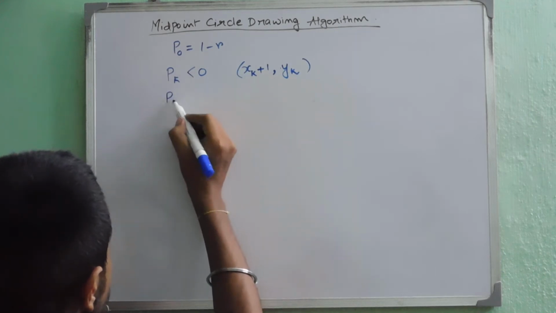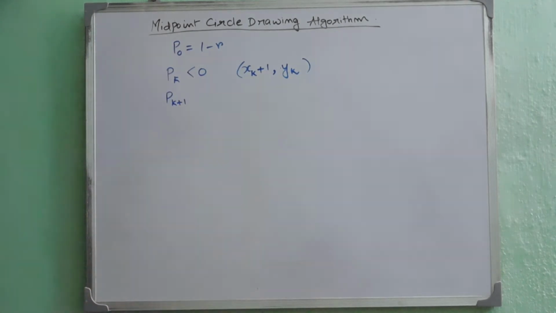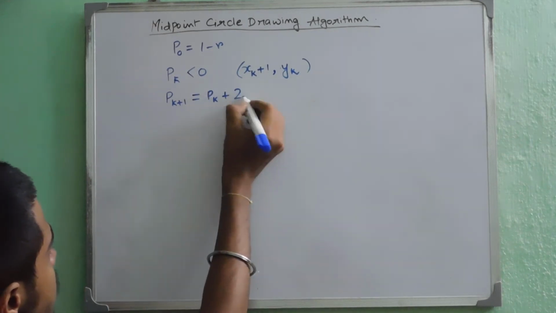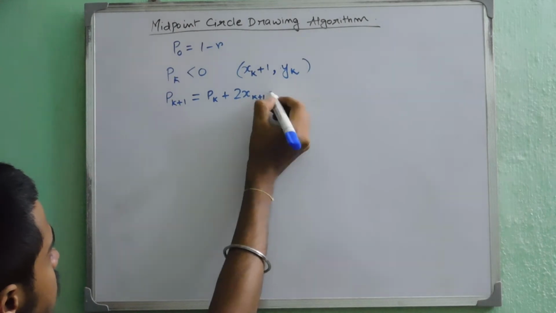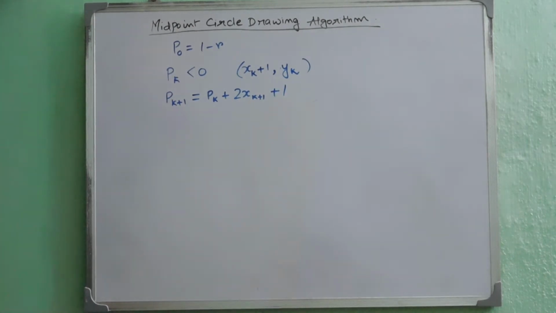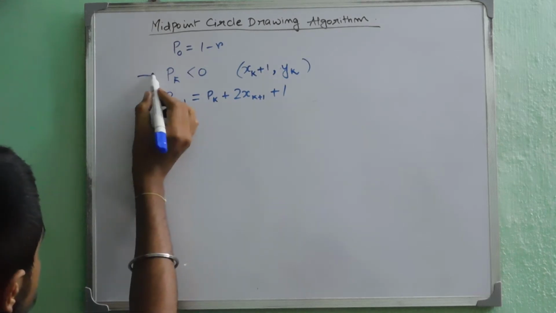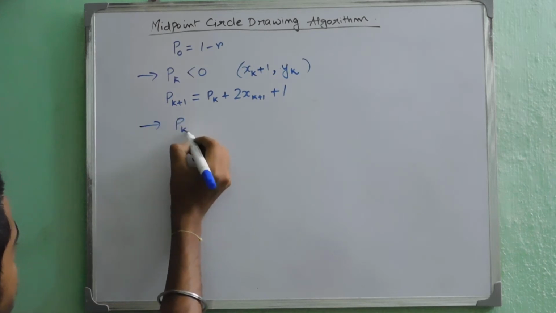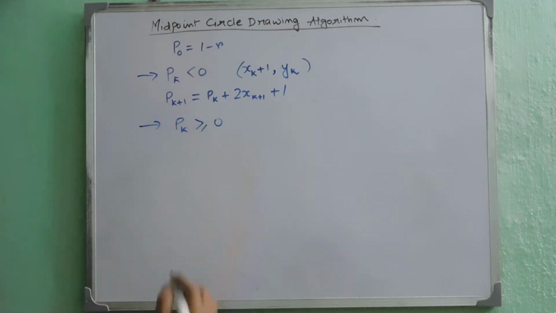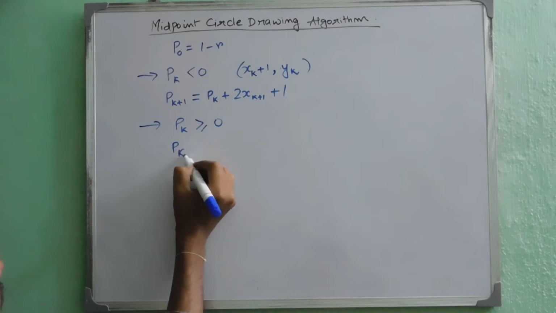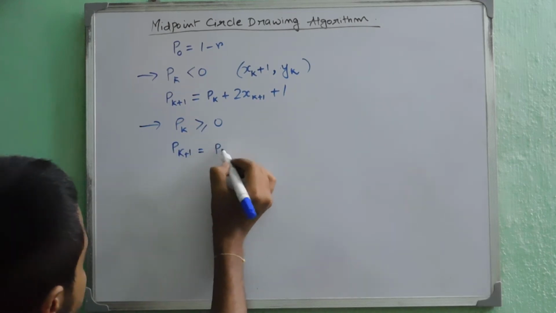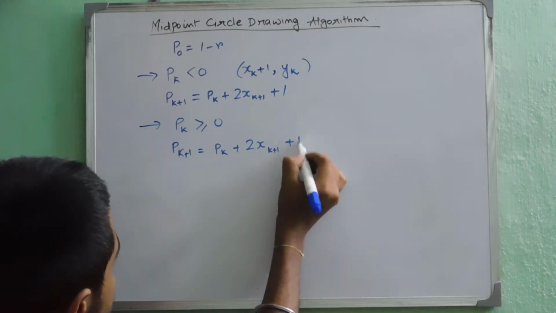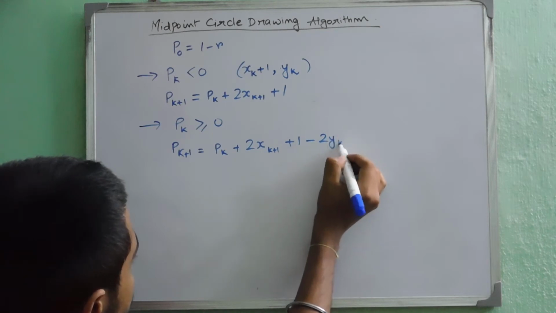Our next decision parameter, pk plus 1, will be equal to pk plus 2xk plus 1 plus 1. But this is one instance, and the second instance is if pk is greater than or equal to 0, then we will have pk plus 1 as pk plus 2xk plus 1 plus 1 minus 2yk plus 1.